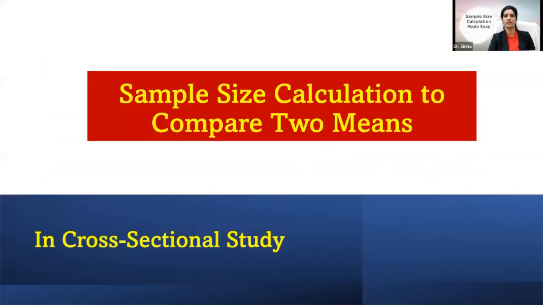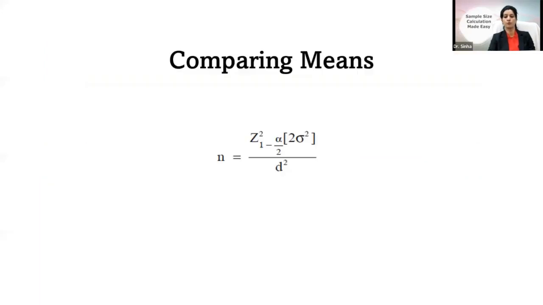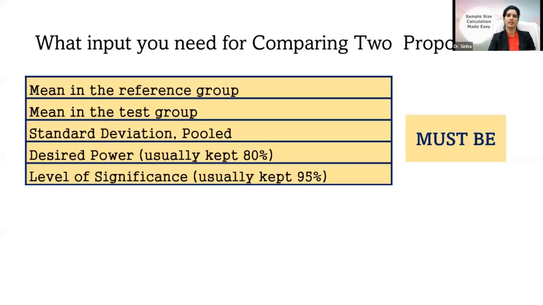So now we'll see the option of two means. So this is the formula for two means. For two means, again, because it will be a hypothesis testing, you need the mean in the reference group, you need the mean in the test group, and you need the pooled standard deviation.